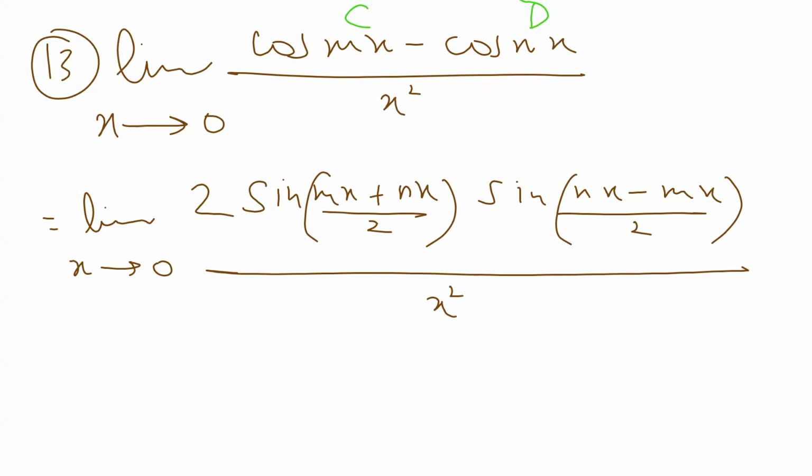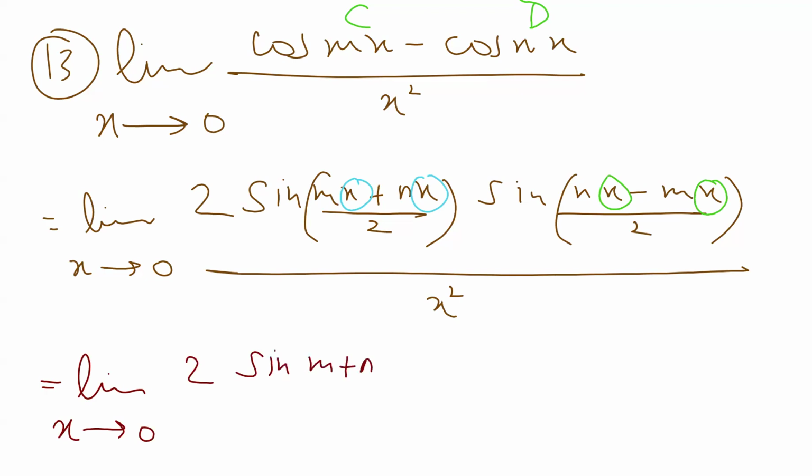Yeah. So now here I'll take x common and here also I'll take x common. Fine. So limit x approaching 0 of 2 sine m plus n upon 2 into x.